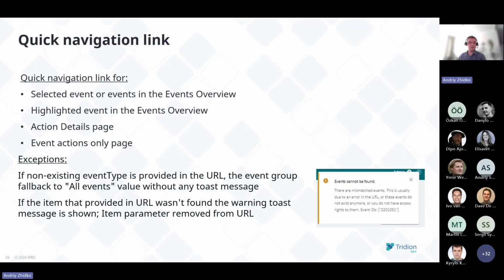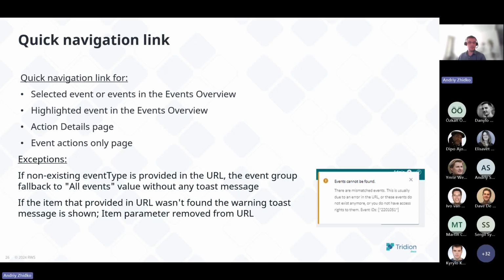Yeah, let's quickly mention the quick navigation link options that you can use. You can use quick links for navigating to a group of events, the selected event in the list, the action details page, or the event action only page.